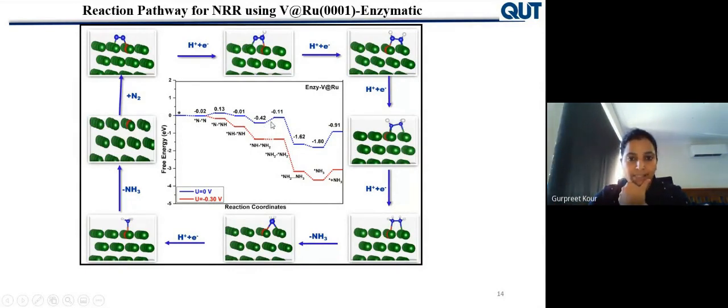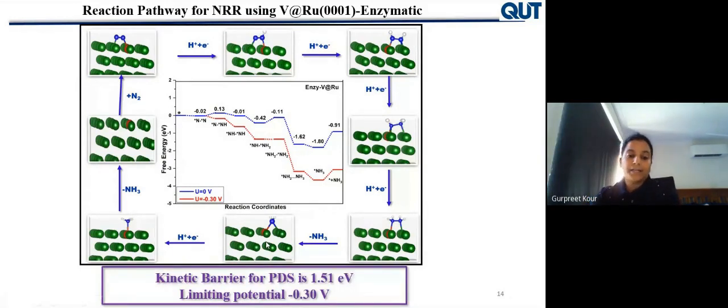Here we found that this step was the potential determining step, and the free energy change for this step was 0.30 volt. So this was the highest energy change for the whole process. And here again, two ammonia molecules were formed upon hydrogenation during the whole process. These are the various reactive intermediates formed during the process.